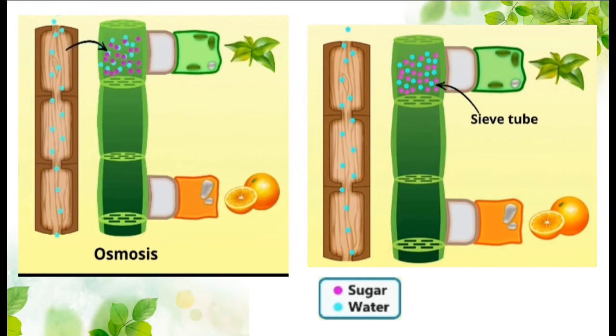As the water flows into the sieve tube of the phloem, it exerts high pressure on the wall due to the increase in the cellular contents. Due to this increased pressure, food is pushed through the pores of the sieve tube plate down into the neighboring cell where the pressure is low.